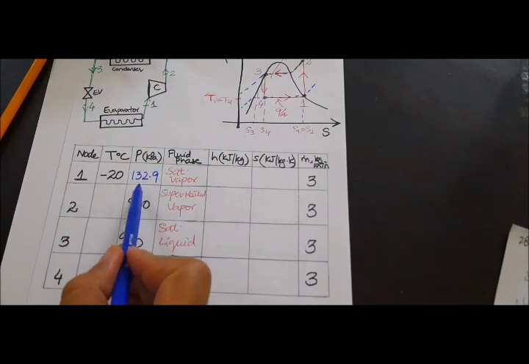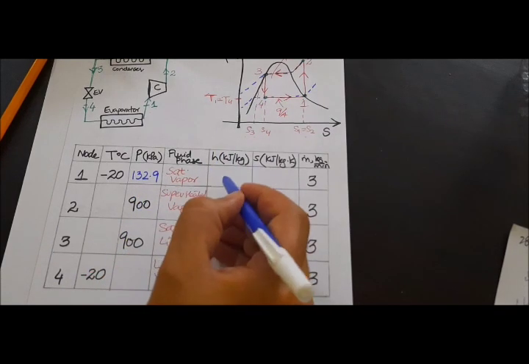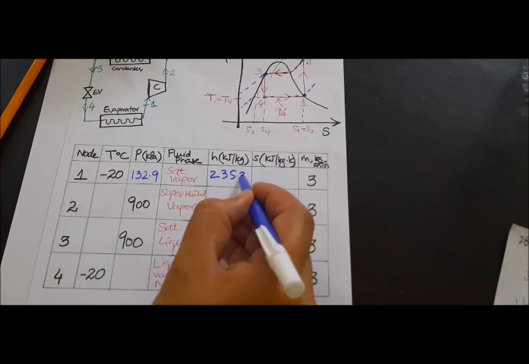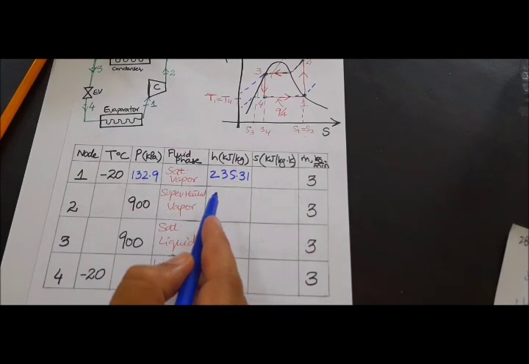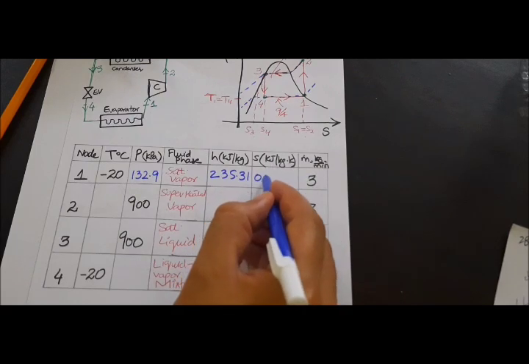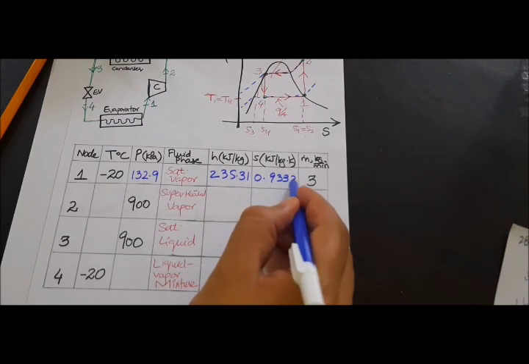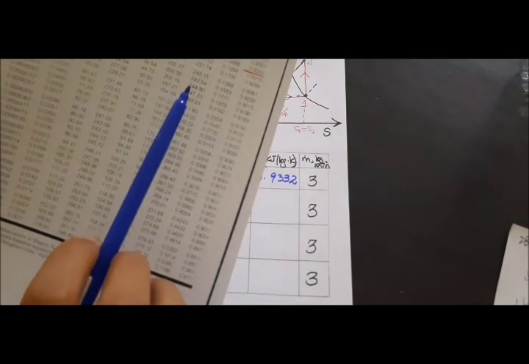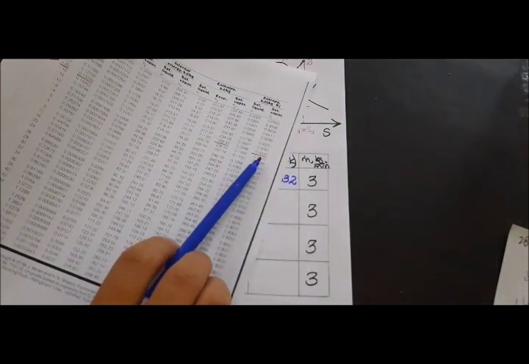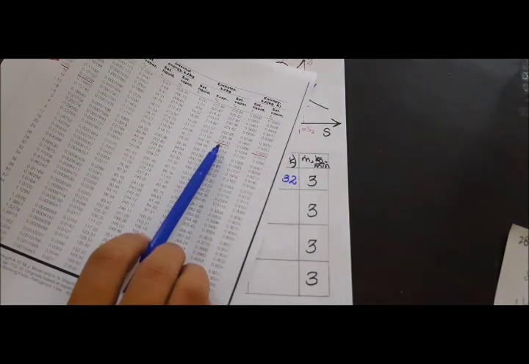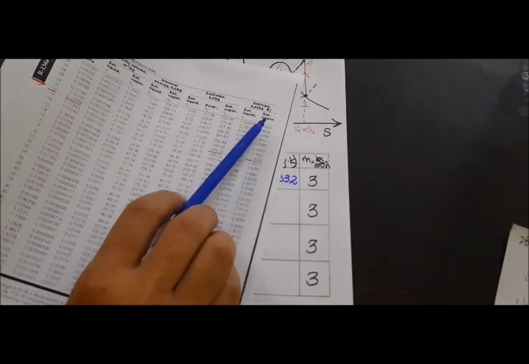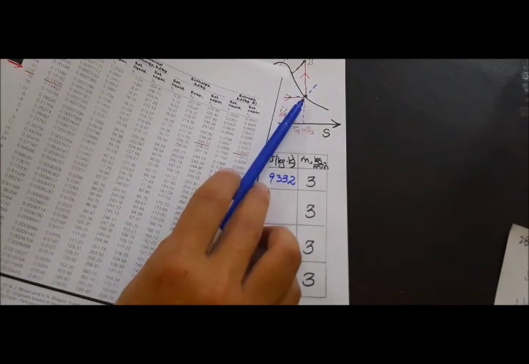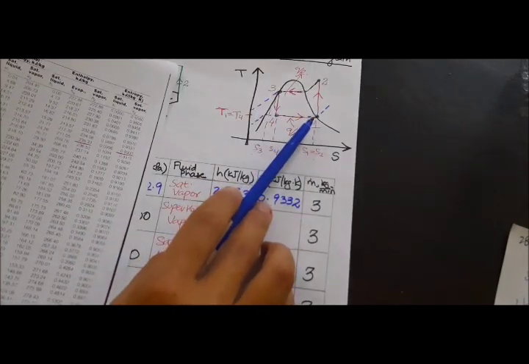From the table you can see that the pressure is 132.9 kilopascal, the enthalpy is 235.31 kilojoule per kilogram, and the entropy is 0.9332. You can actually see it right over here. But remember, you are going to use the saturated vapor entropy and the saturated vapor enthalpy because we are in a vapor. As you can see over here, we are in a saturated vapor state.